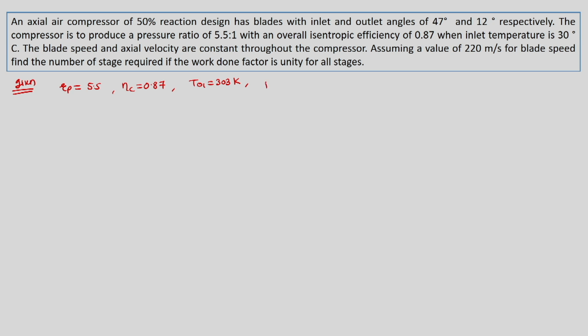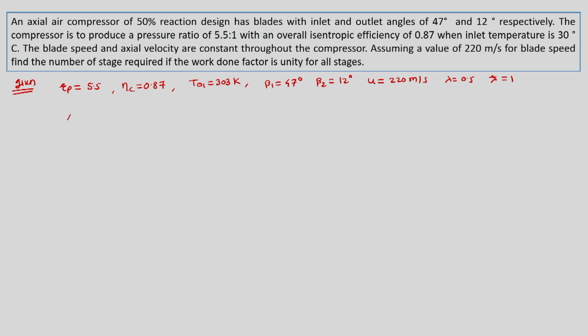Then we are told that beta 1 is equal to 47 degree and beta 2 is 12 degree. U is 220 meters per second. Lambda is equal to 0.5, work done factor unity. So these are the things which are given.